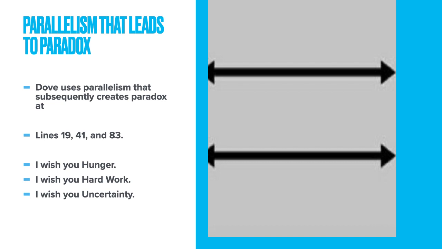These are paradoxical statements because, of course, Rita Dove does not want the graduates to be hungry. Of course, Rita Dove does not want the graduates to be overworked. And of course, Rita Dove does not want the graduates to be perfectly uncertain. She is talking about something else. And perhaps the easiest one to look at here is I wish you hunger.